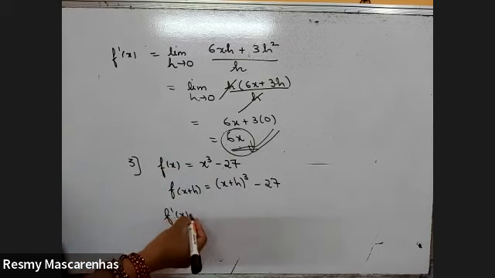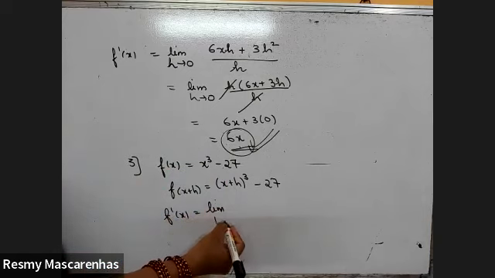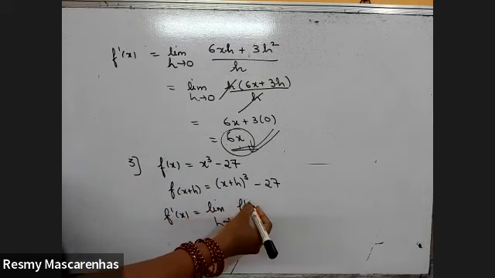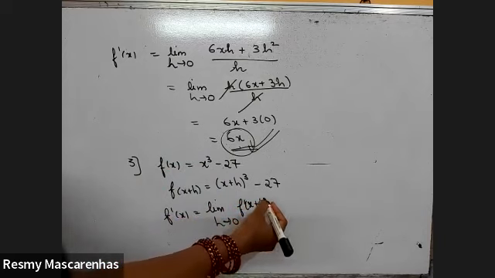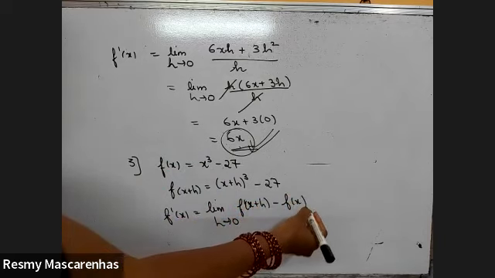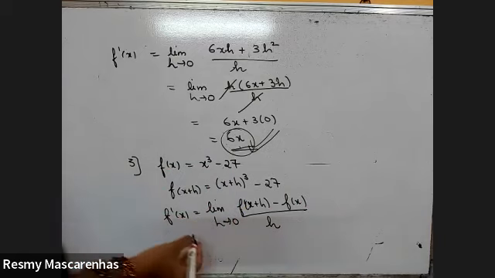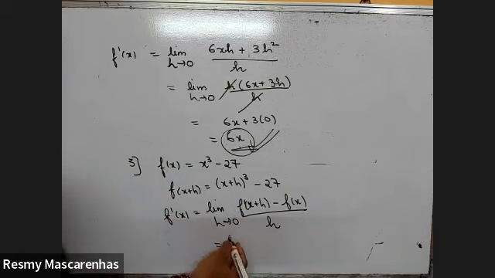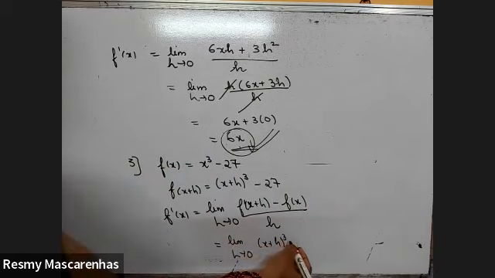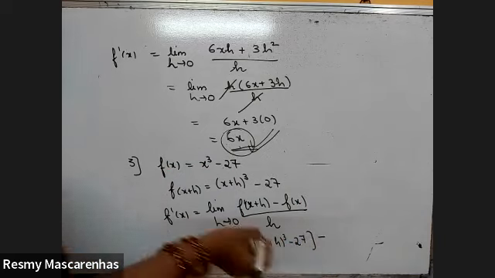F dash of x is, write the formula. This is f of x plus h, then minus.